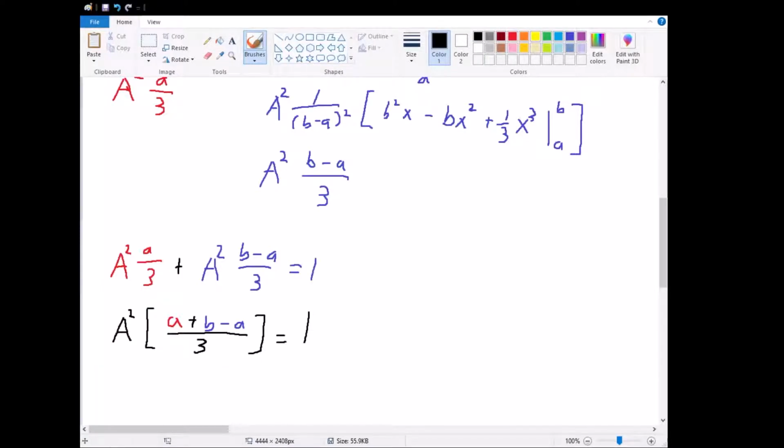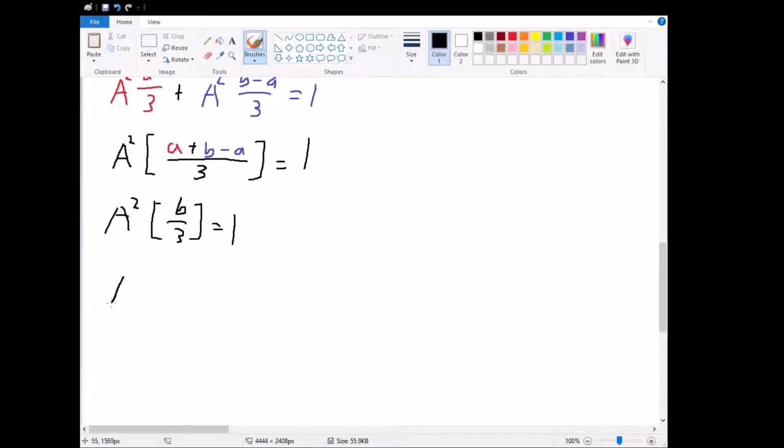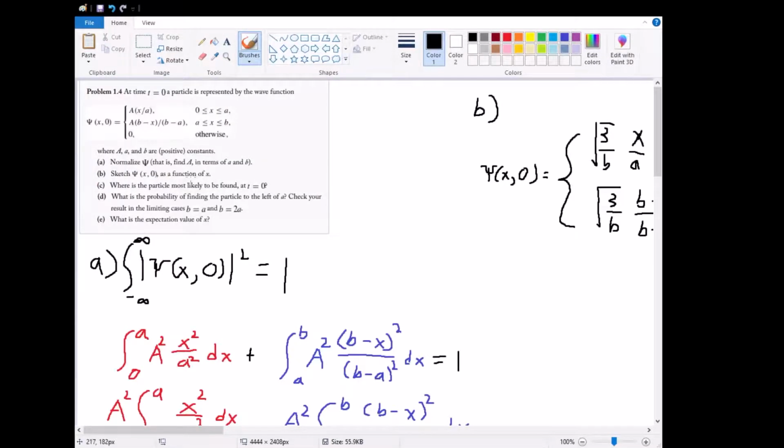This equals 1, therefore A squared times b over 3 equals 1. Our job now is just to isolate A, which is a very simple process, and we take the square root of everything, and we get that A is equivalent to the square root of 3 divided by b. So we have finished part A, and we have found what our normalization constant A is required to be.